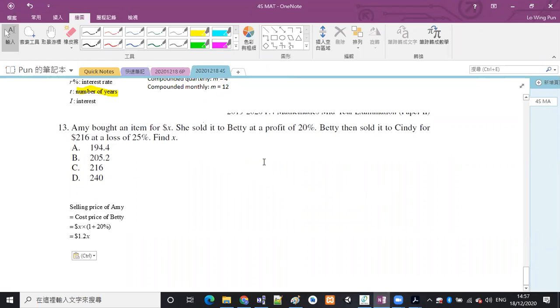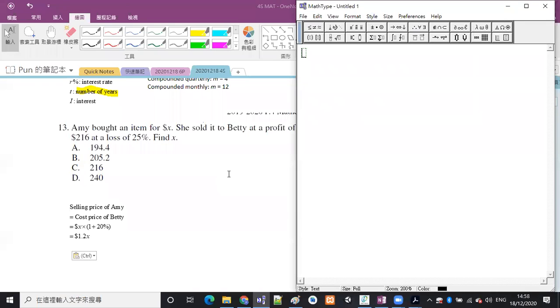Okay, which means that the selling price of Betty should be equal to her cost price times 1 minus 25%. This is the cost price of Betty, multiplied by 1 minus the percentage loss.